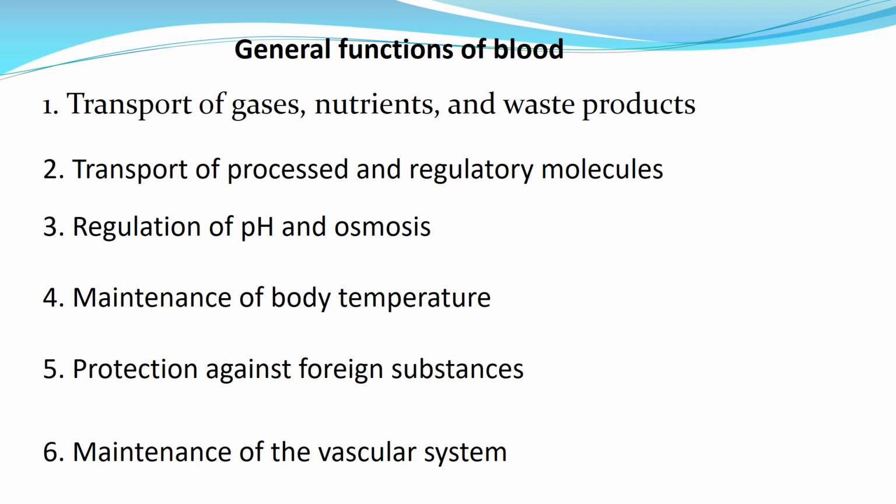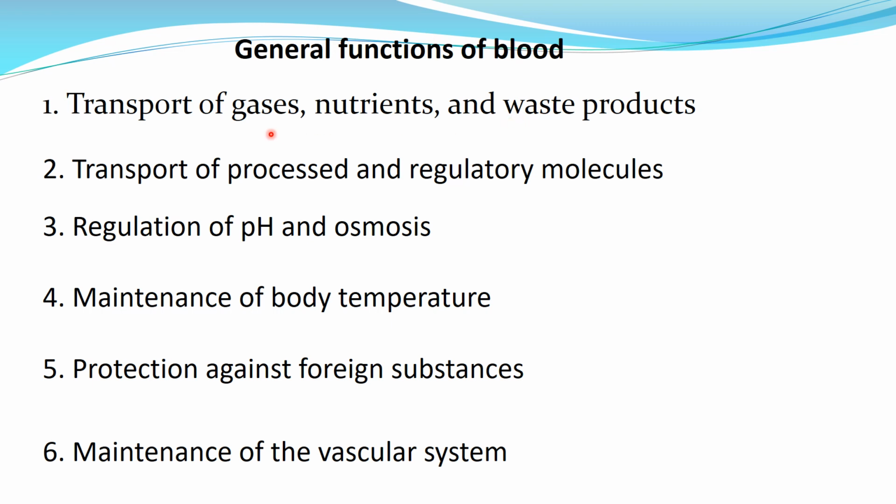Generally, blood has different functions. The first one is the transport of gases, nutrients, and waste products. So the main function of the blood is the transportation of the gases, nutrients, and waste products.